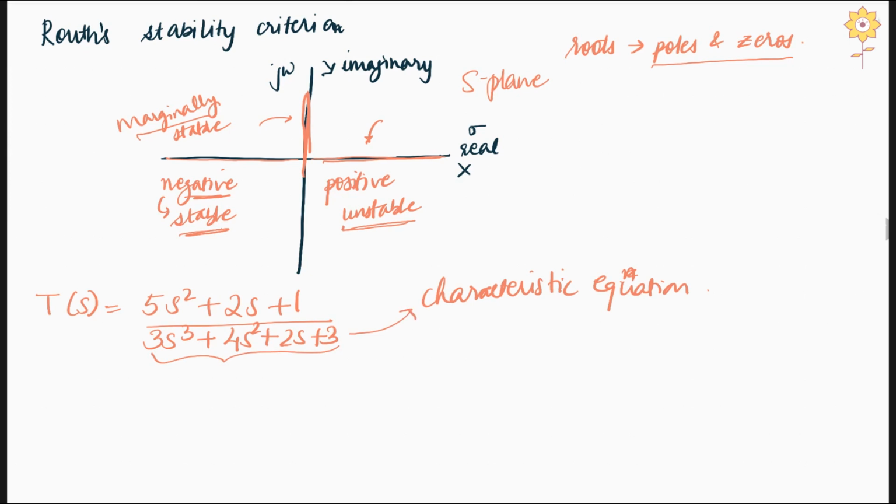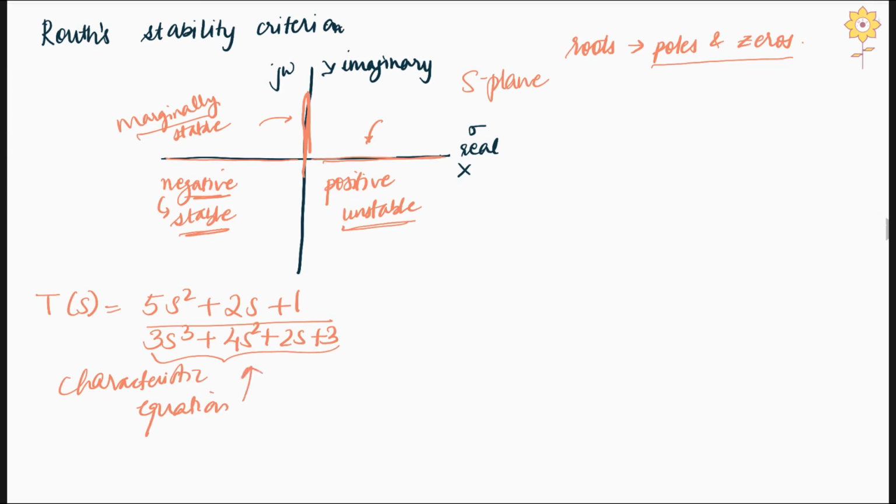So, this is the equation that we have, and this denotes the characteristic equation. Now, let us go ahead and try to solve this. As I told you, this is the characteristic equation which we will be using.